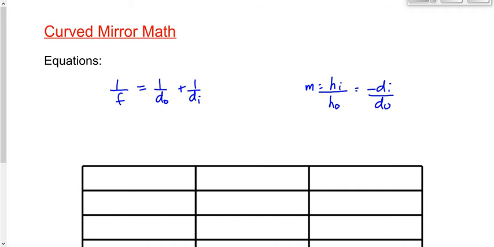M is the magnification. It's the size of the image relative to the size of the object. It's a ratio, right? The ratio of the image height to the object height. Ratios divide. What units does a ratio always have? Any ratio, including magnification. None.